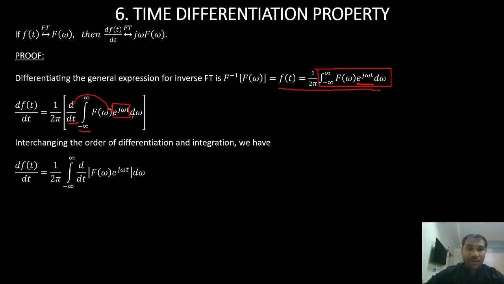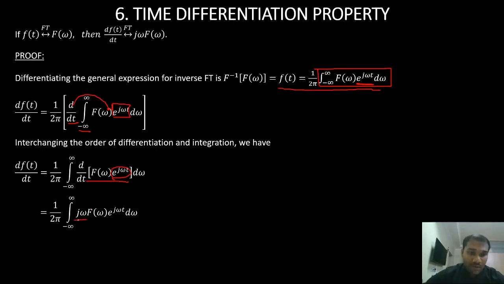All other terms are not dependent on t. So if I differentiate this term, what will I get? I'll get e power j omega t into j omega. This is what I will get if I differentiate, right?